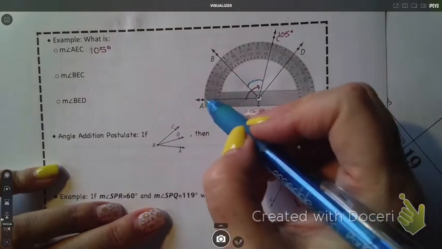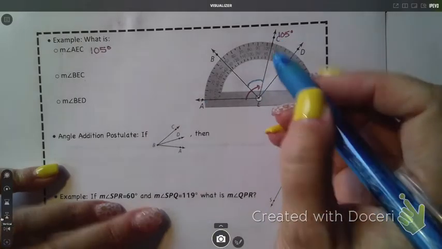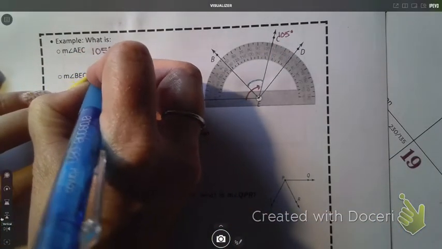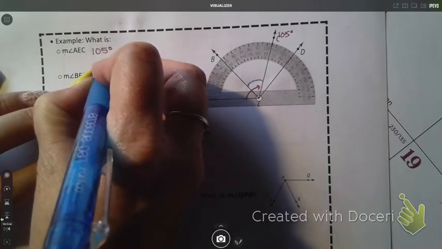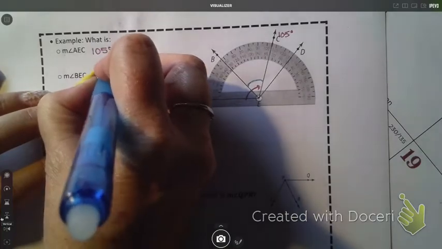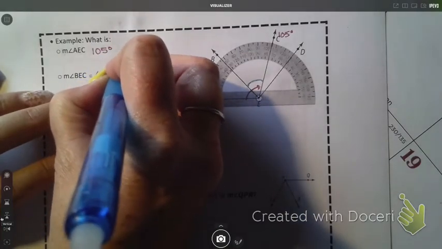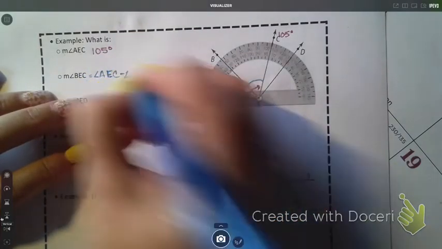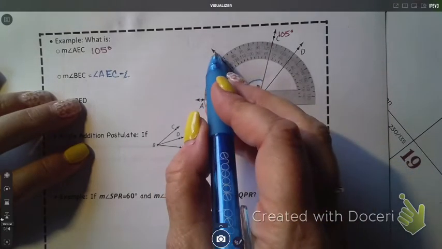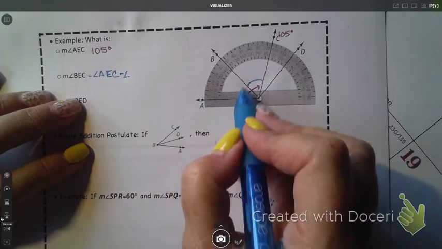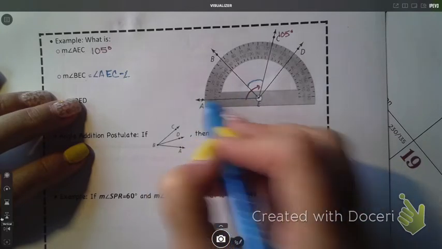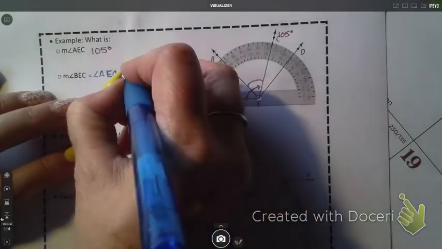You're going to take angle AEC, and you're going to subtract what angle? BEC? No, AEB. Yeah. AEB.